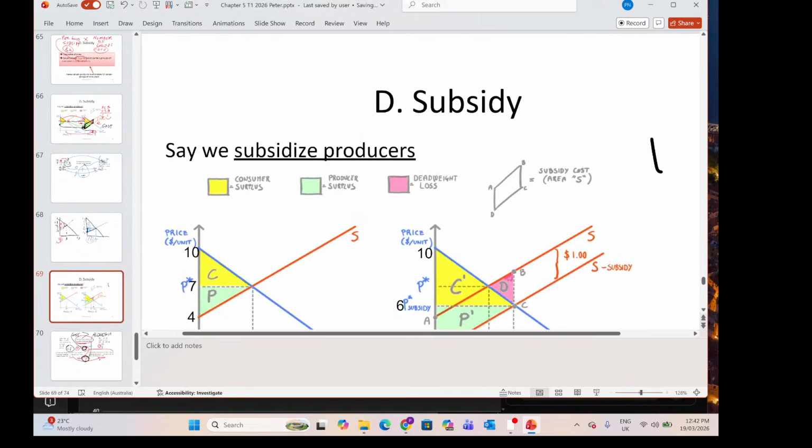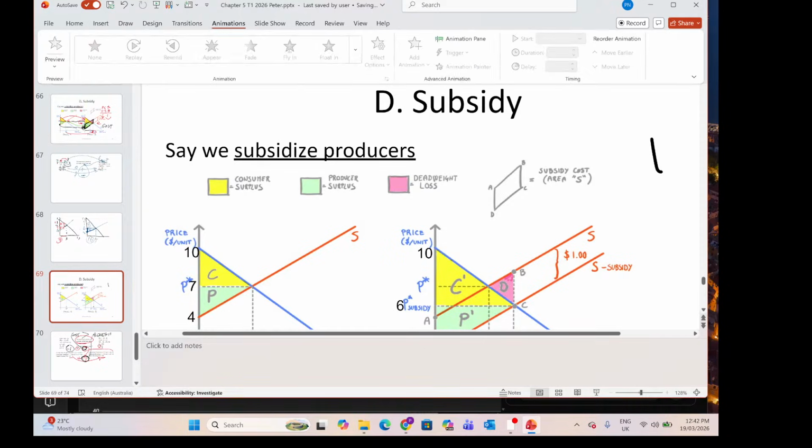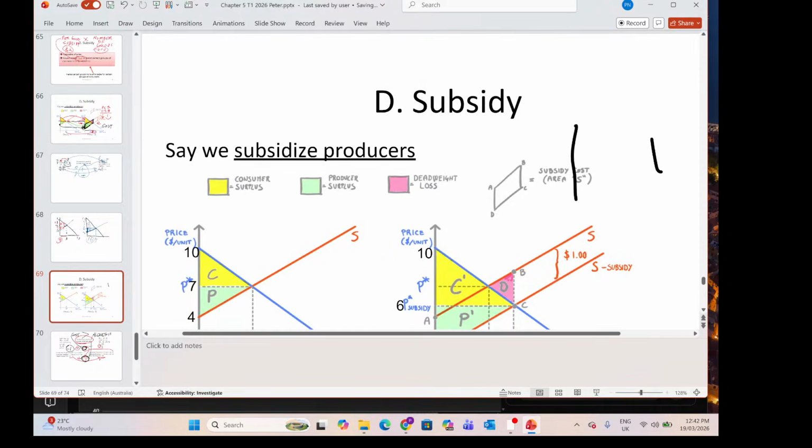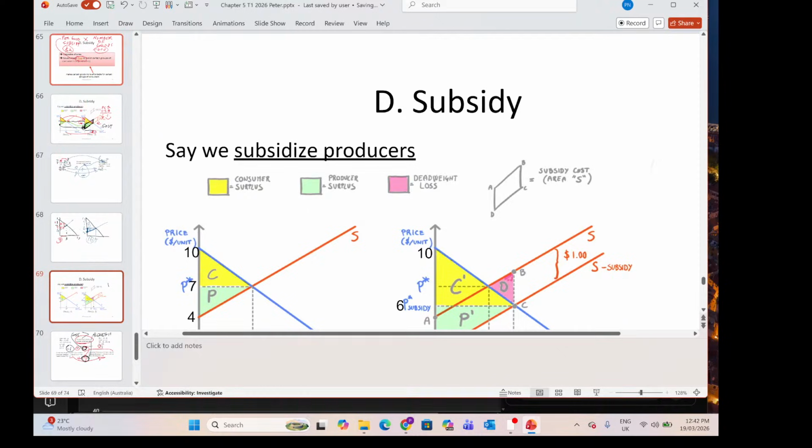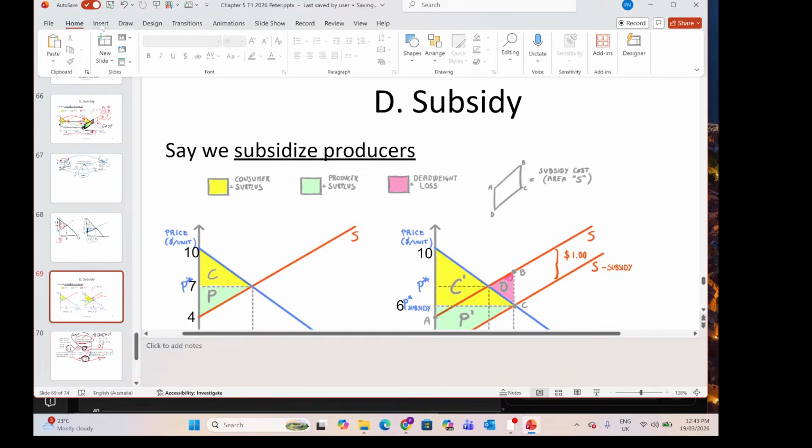Right, we can show this on the diagram. Just let me play with this for a minute.